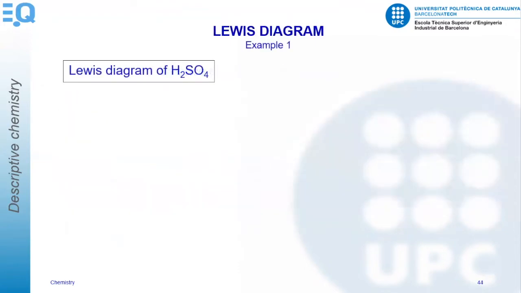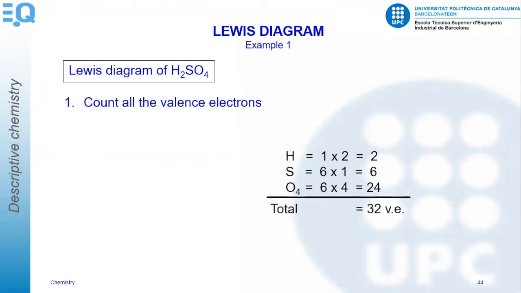Let's do an example. Let's start with sulfuric acid. The first thing we have to do, as we've mentioned before, is count all the valence electrons. Now, we have two hydrogens, but hydrogen has a valence of 1. Therefore, we multiply 1 by 2, and that gives us 2.